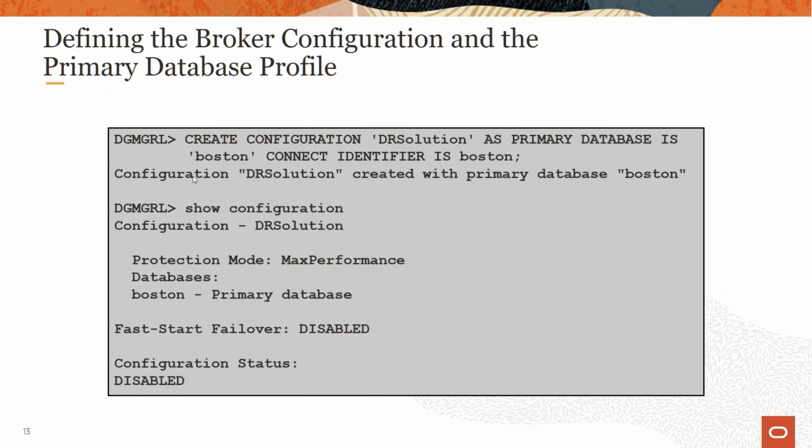After you create the Data Guard broker configuration and register the primary database, when you type show configuration, it will show you the current primary database in the configuration.